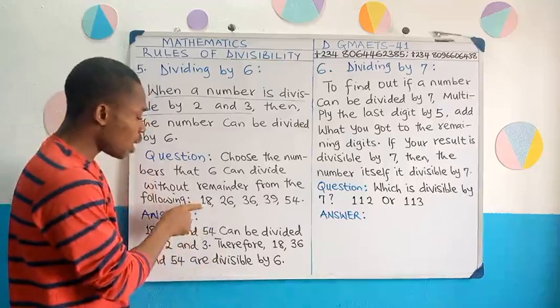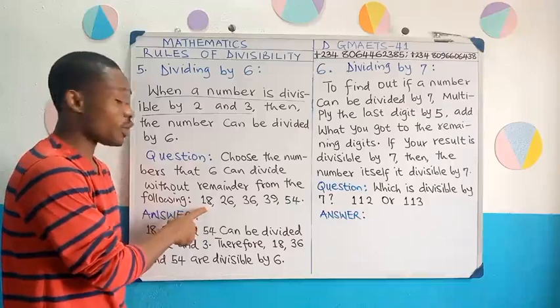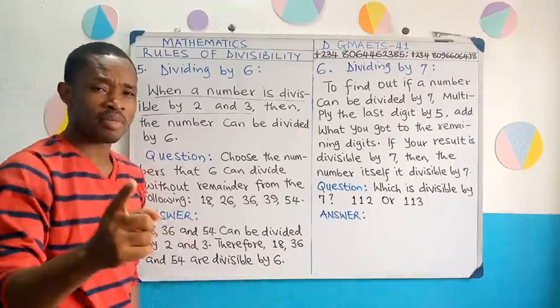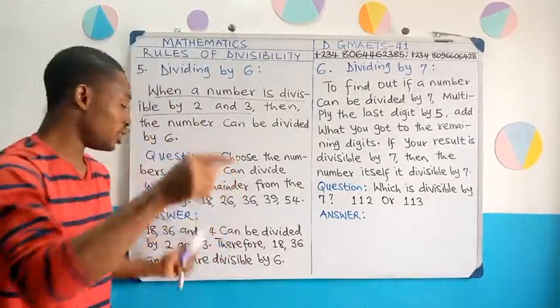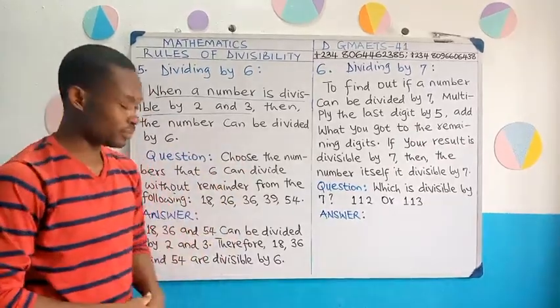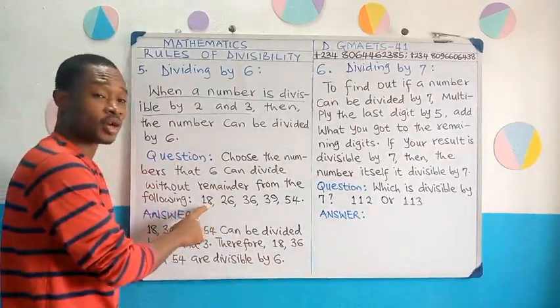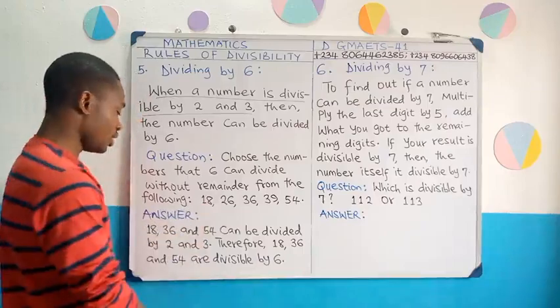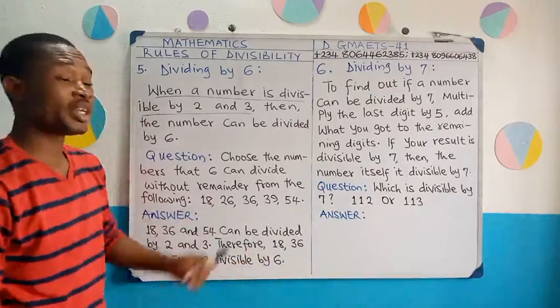If you add 1 and 8, you will get 9, and 3 can divide 9. Therefore, 3 can also divide 18. Remember the rule of dividing by 3: the sum of the digits in that number should give us a number that 3 can divide. Now, because 2 can divide 18 and 3 can also divide 18, it simply means that 18 can be divided by 6.